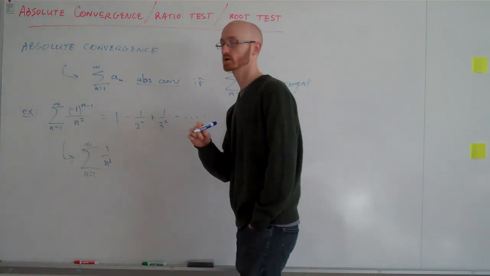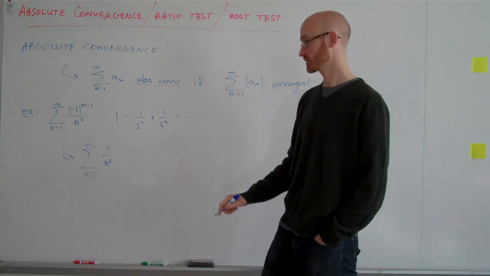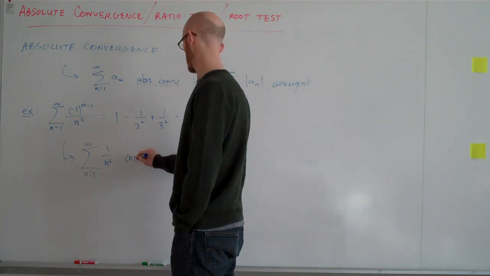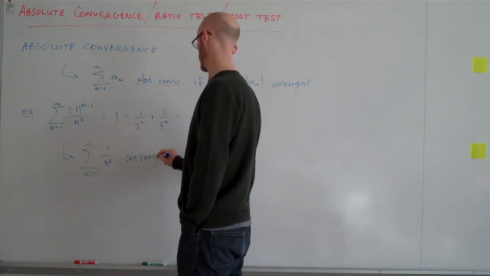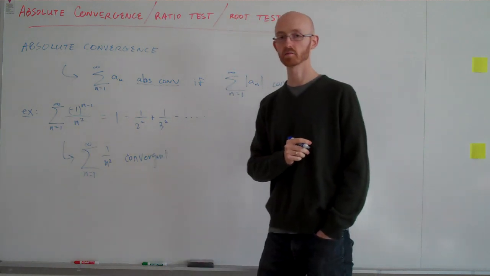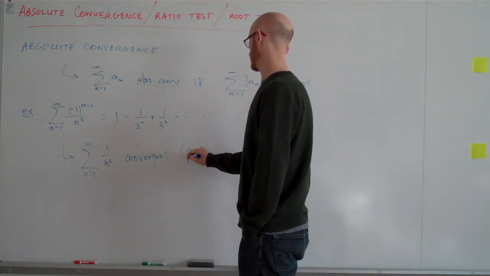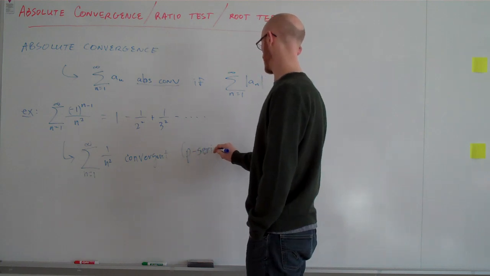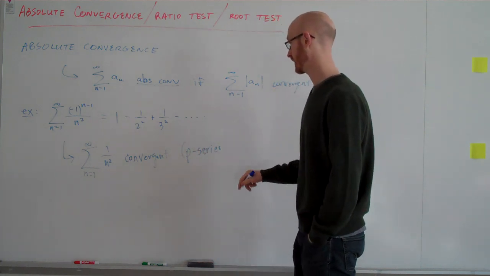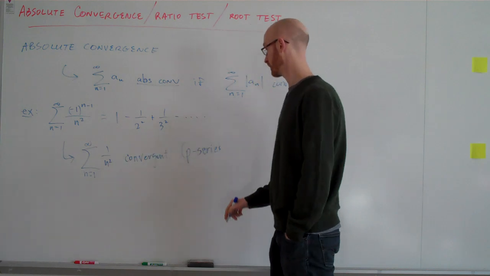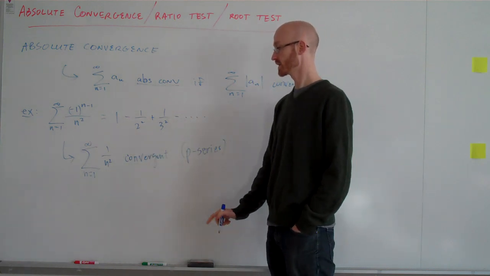And now you have to think, does that sum converge? And of course it does. Hopefully, if you hit pause and think about why, now you've resumed, and you've had the thought that it was a p-series with the power greater than 1, so it's convergent.